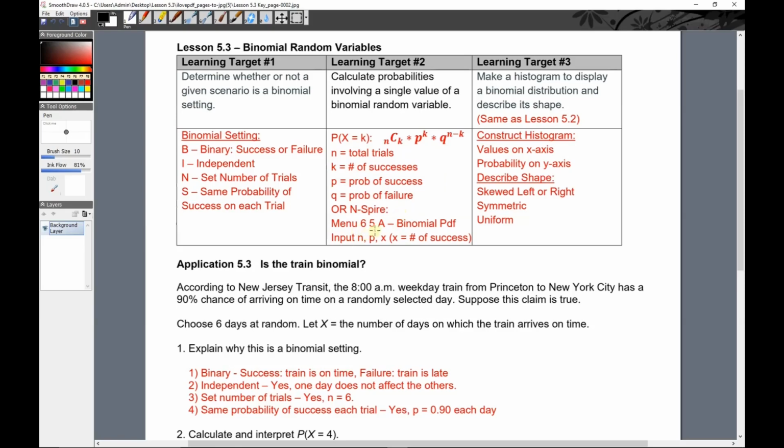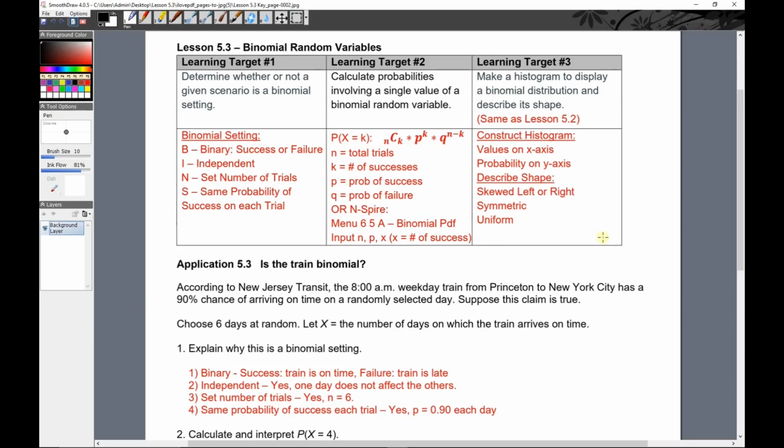That's menu 65A. That'll give you a binomial PDF, and you input the total number of trials, probability of success, and x, the number of successes you want to generate a probability for. So you have both of those choices. My choice would be the binomial PDF. It's just easier.